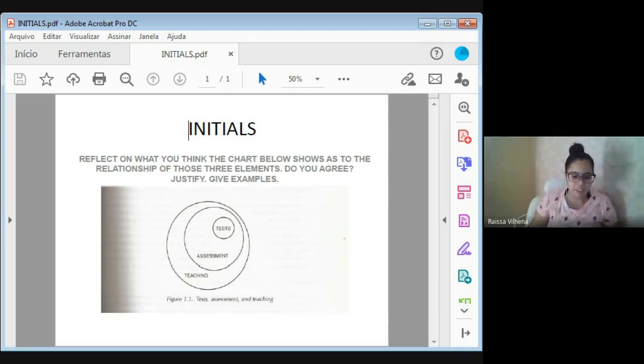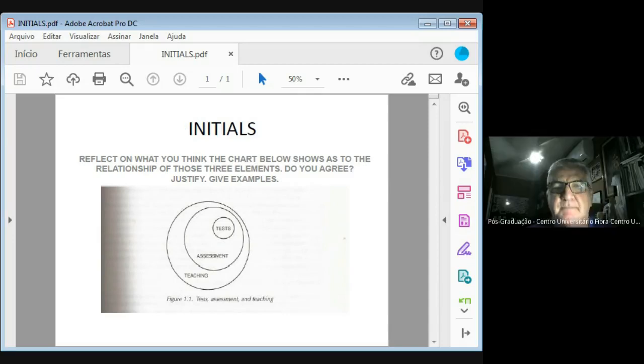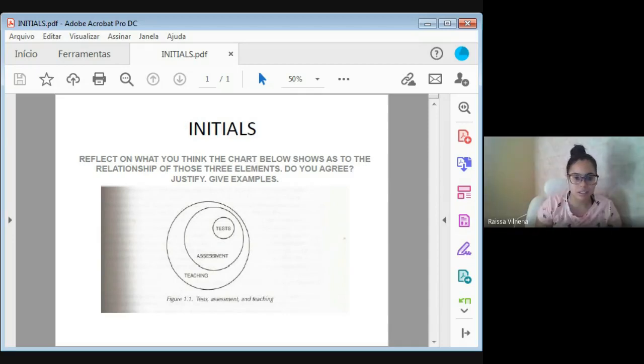I believe assessments can be done in different ways, not only using tests. Tests are a useful tool to understand the development of the student, but it's not the only tool that the teacher can use.